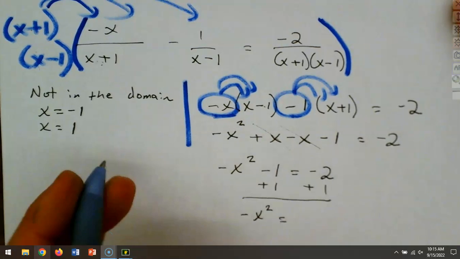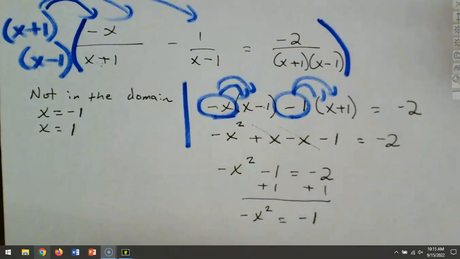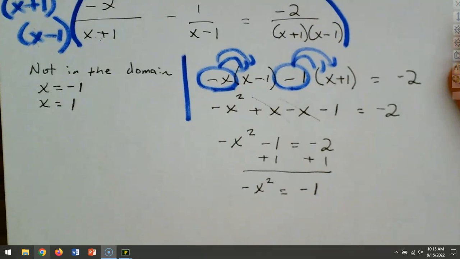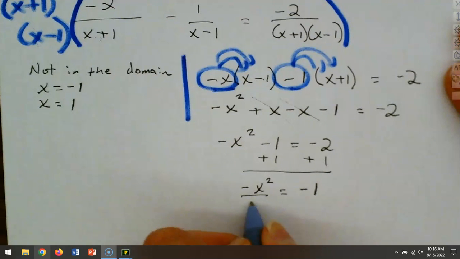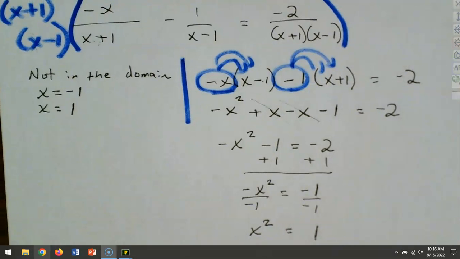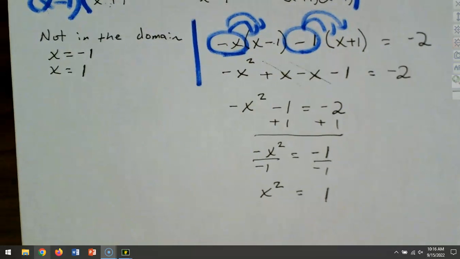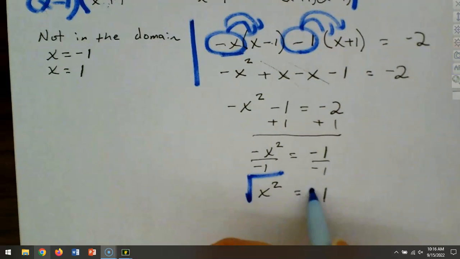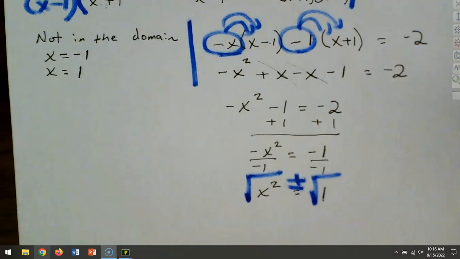Minus 2 plus 1 makes it a minus 1. Divide by your negative 1, and that leaves you now with x squared equals 1. And how do I get rid of a square? What undoes a square? Square root. And whenever I take a square root, I have to add in a plus minus, don't I?